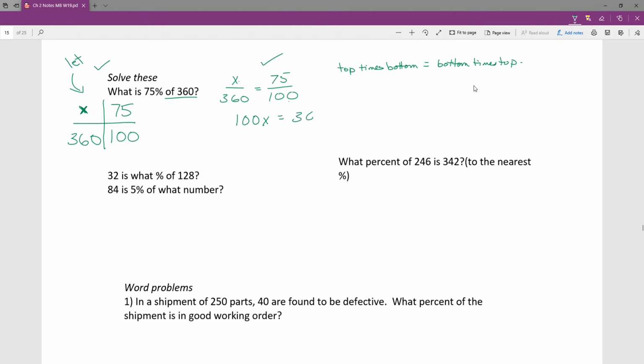So it's 360 times 75. Now we want to solve for x. And so now we have this equation where you would divide both sides by 100. And you can do this now in your calculator. You can solve for x because x is equal to 270.